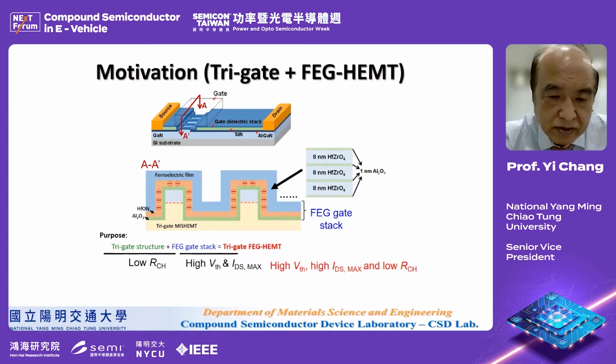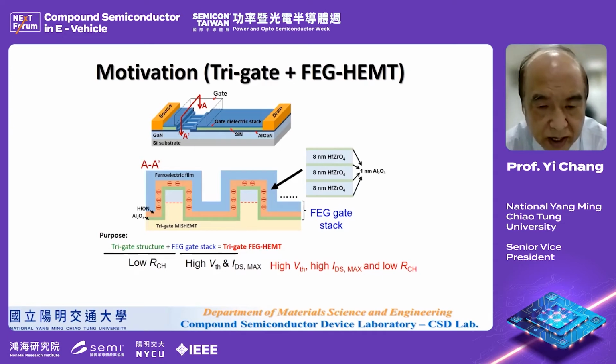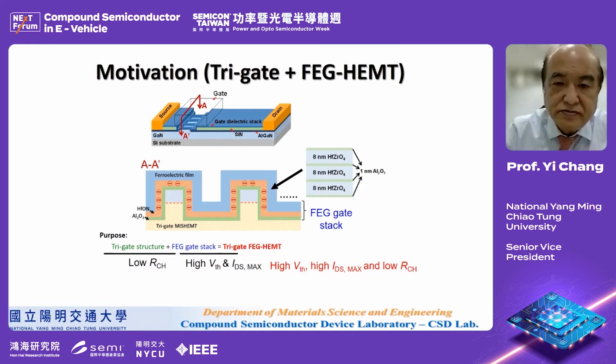With this you have tri-gate structures which can provide low channel resistance, and a ferroelectric gate material which we have shown can give you high VTH and high IDS. In this way, you can simultaneously achieve high VTH and high IDS with low channel resistance.